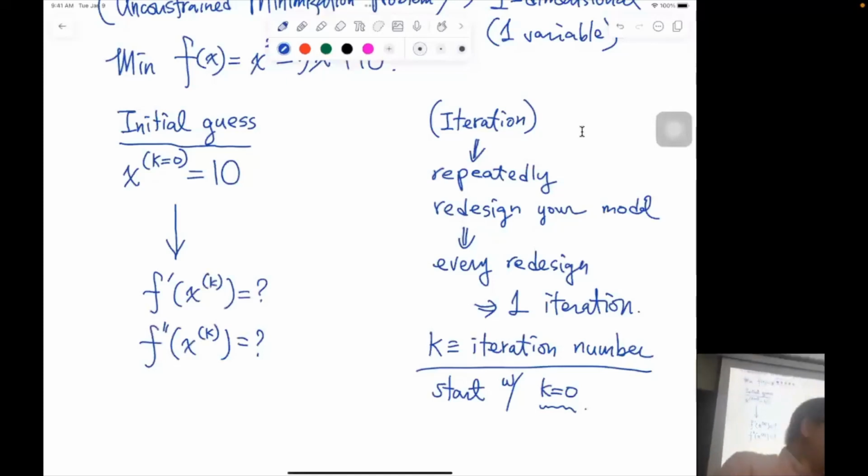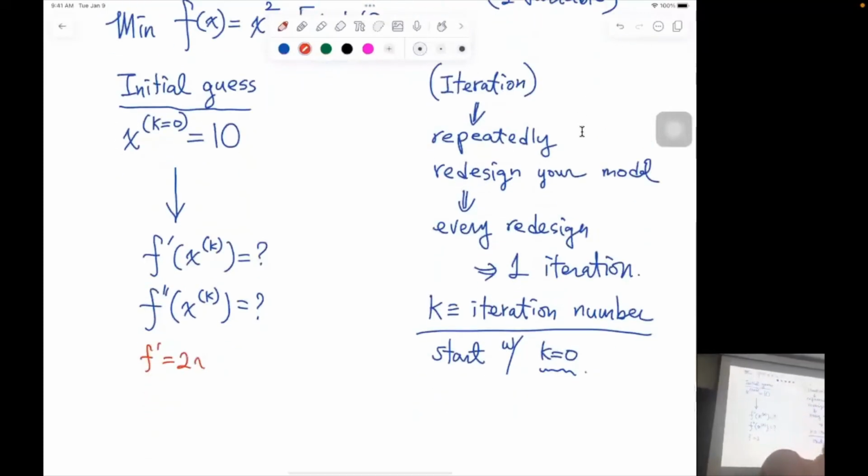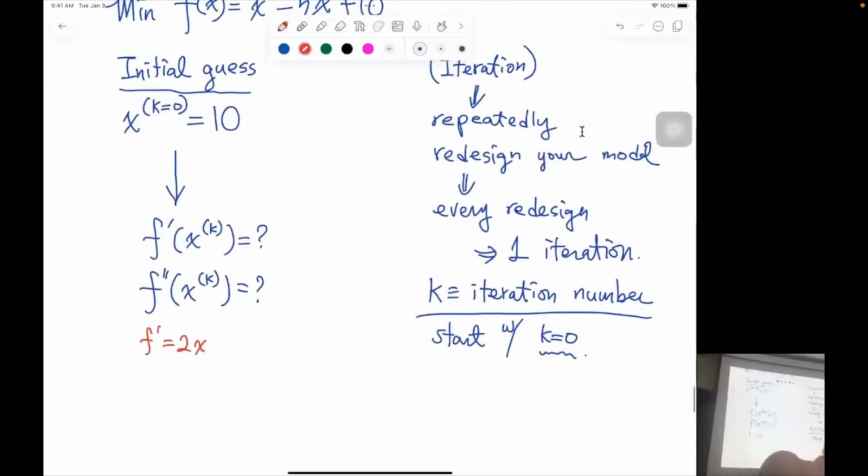Let's try it. f prime equals 2x minus 5. f double prime equals 2. In our case, f double prime is 2, and f prime is 2 times our current design 10, minus 5, that's 15. Okay, so what's next?